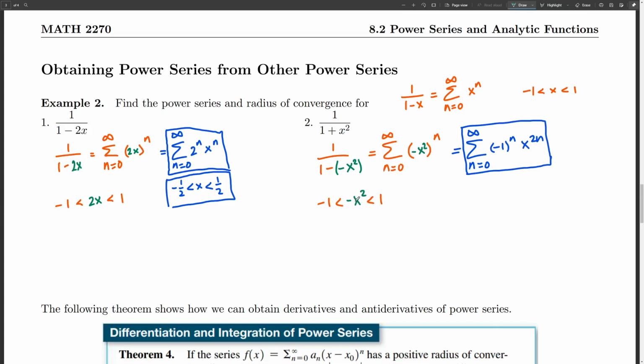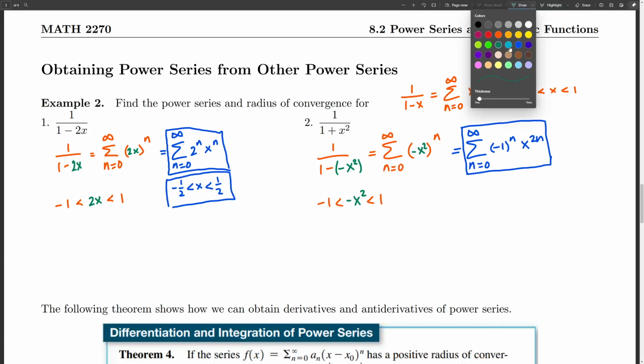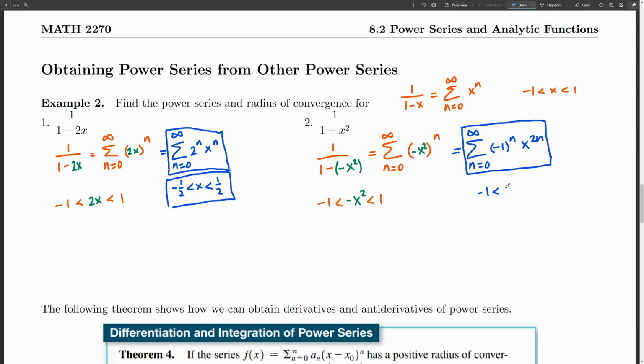And what you can see is, when is negative x squared between negative 1 and 1, from this it follows that x has to be between negative 1 and 1.